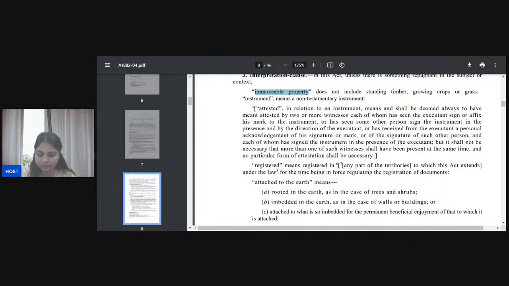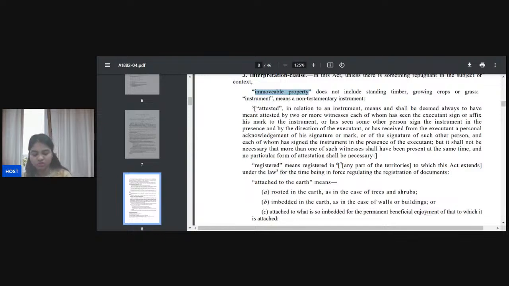Who can tell me? Certain important words and terms have been interpreted in the clause, but I don't find the definition of immovable property clear or complete. So what is it, student? Can anyone tell me? What is an immovable property?